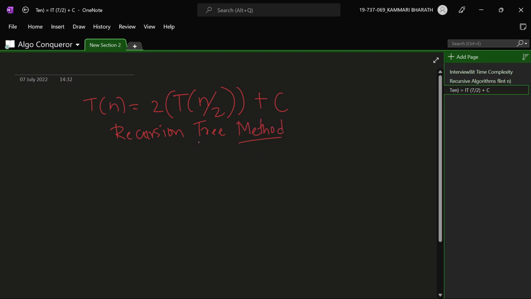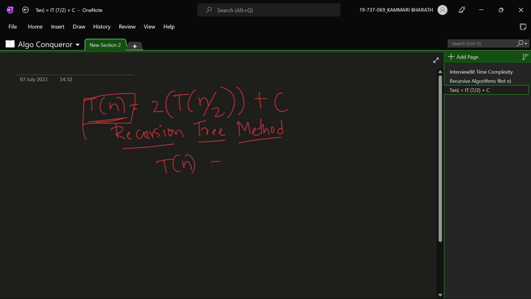And what will you do in this recursion tree method? You take this as the root and break it down into subproblems. You go on building the tree. Okay. Now what should you find? For what function should you find the time complexity? For this function, take this as the root, T of n.